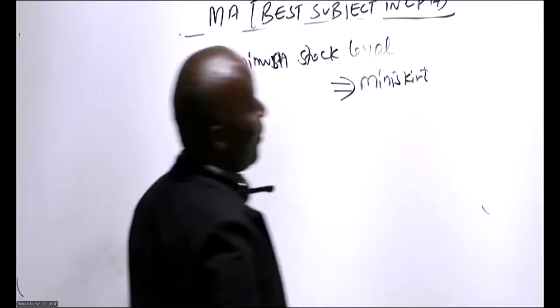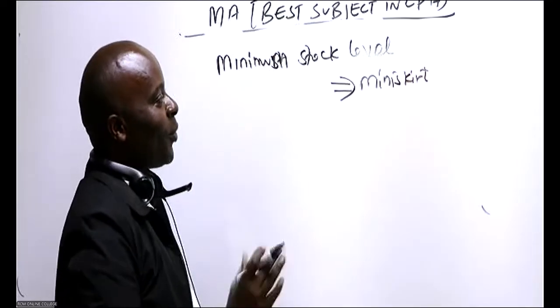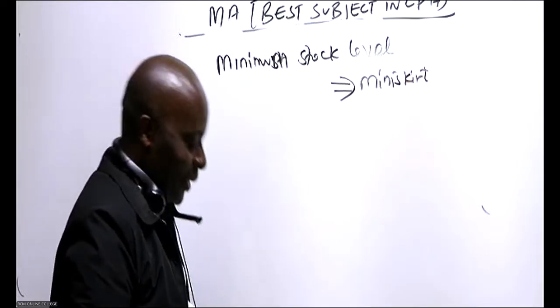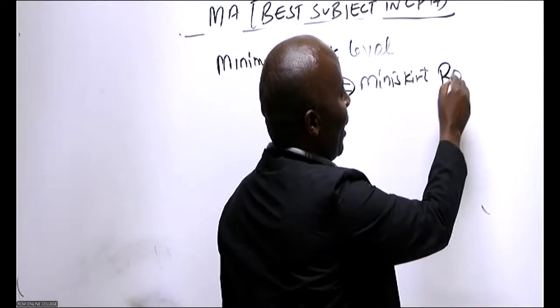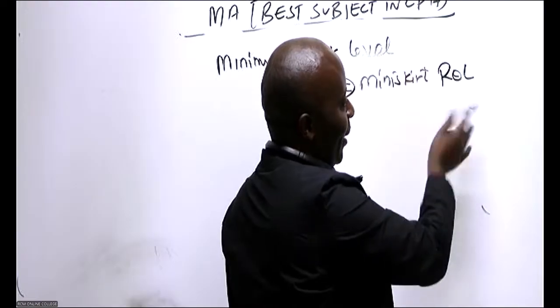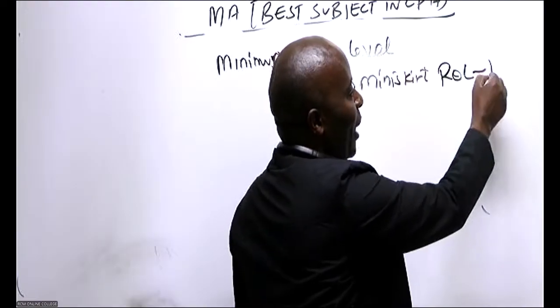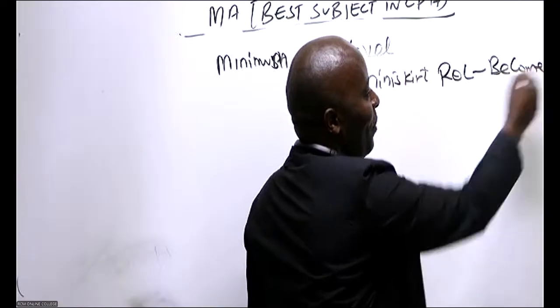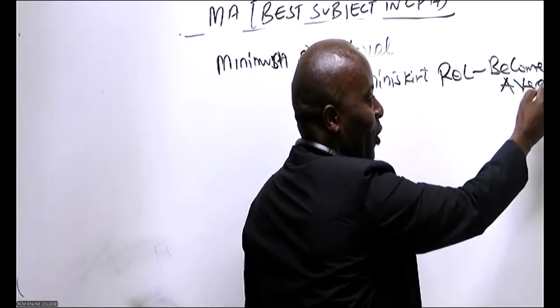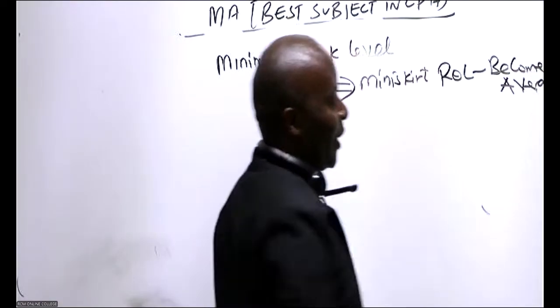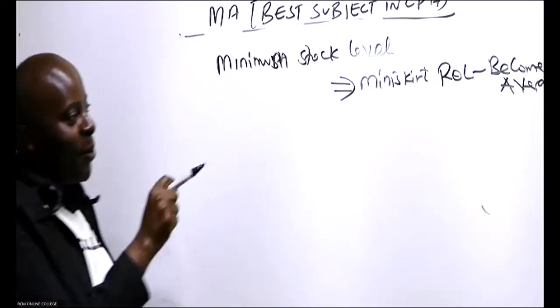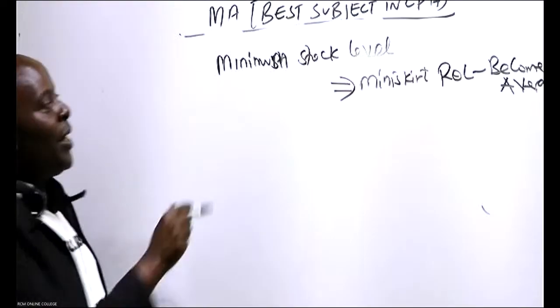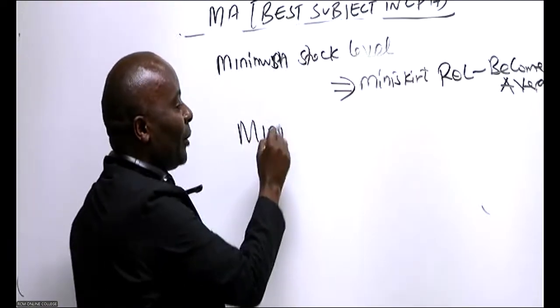The person who taught me these things a long time ago told me that if you roll your miniskirt, then automatically you become average. This is just for learning. So miniskirt, if you roll it, you become what here? Average.